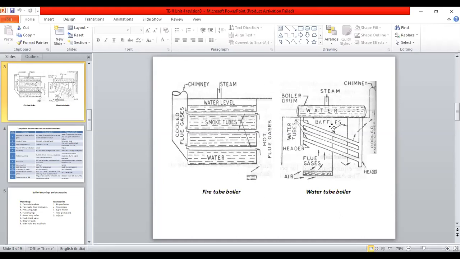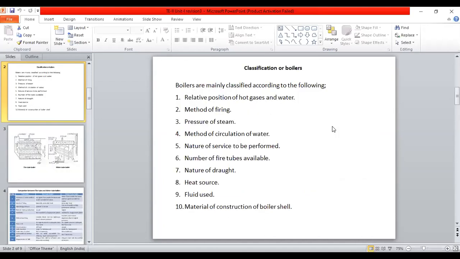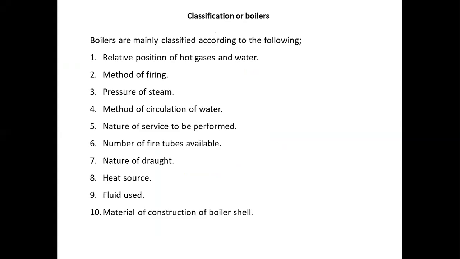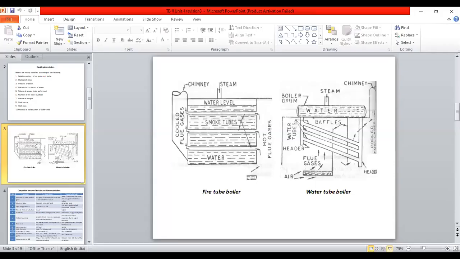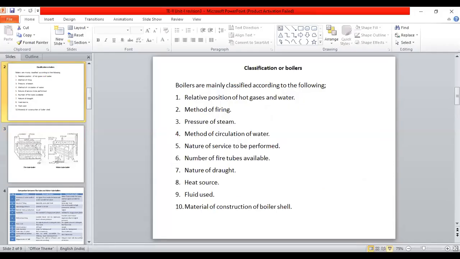The examples of water tube boilers are Babcock and Wilcox, Stirling boiler, Arrow boiler, etc. And the second classification is method of firing. In method of firing, there are internally fired boilers or externally fired boilers.